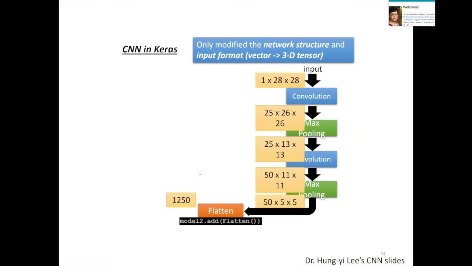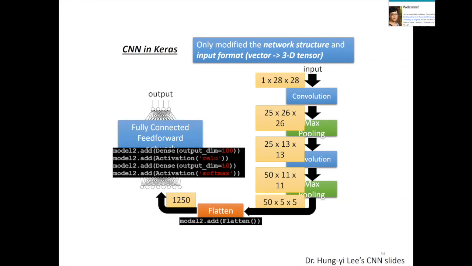After you flatten it, because you have 50 filters, in each channel there's a 5 times 5 small image. In total, you concatenate across the spatial positions, then across all the channels. You get a vector of size 1250, and then you feed it into an MLP.